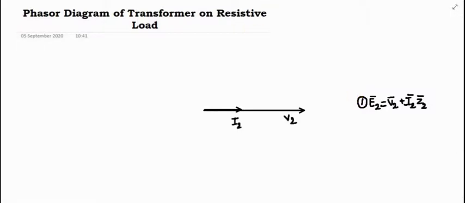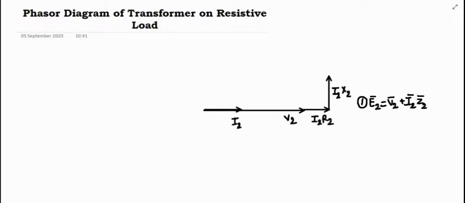So I will mark I2 R2 in phase with I2. Then I will draw I2 X2 leading I2 by 90 degrees. So this is your I2 X2.